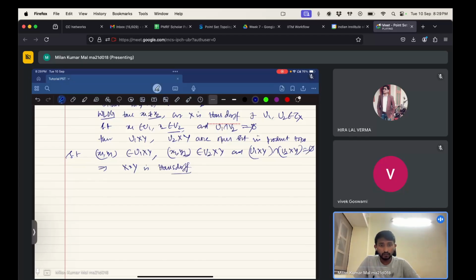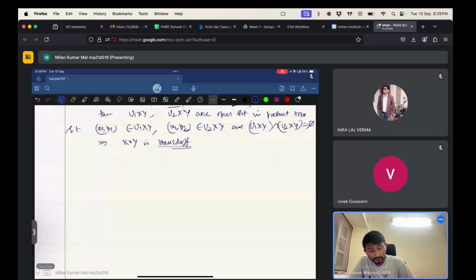If X and Y are locally compact, then I have to prove X cross Y is locally compact.